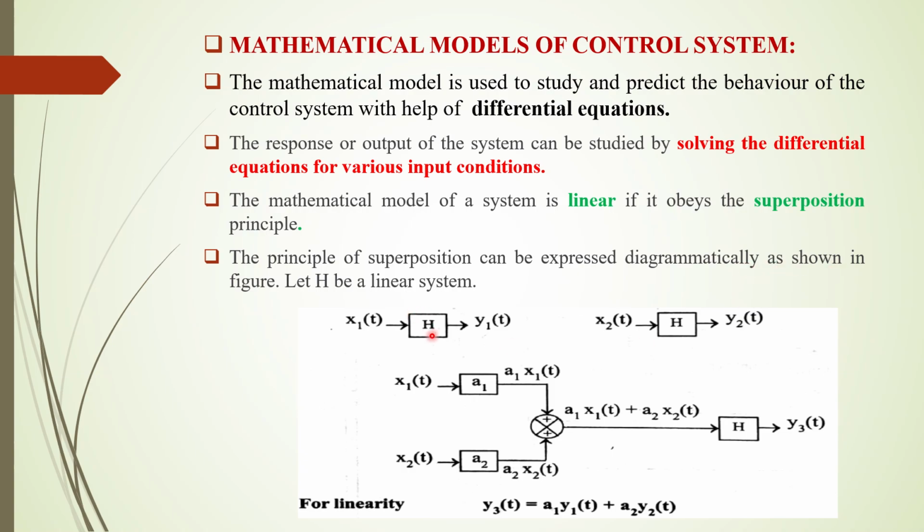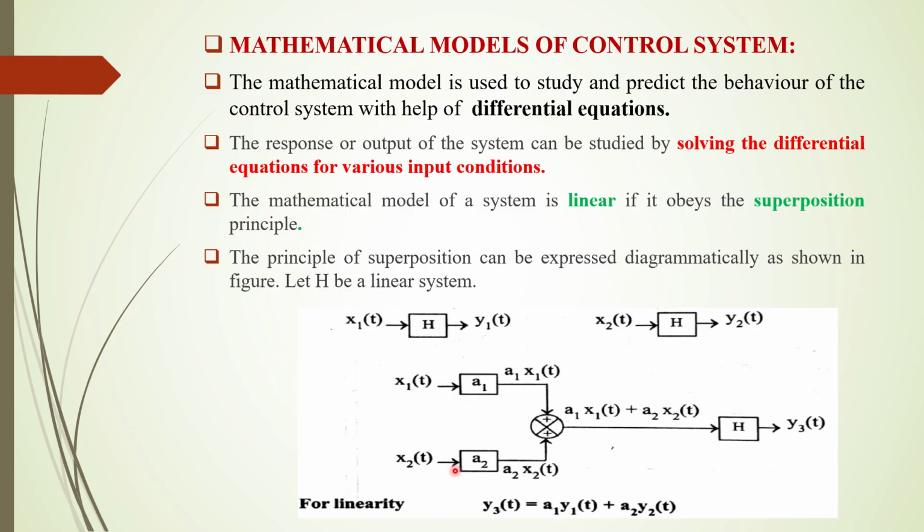Let H be a linear system. x1(t) is the input signal and the corresponding output is y1(t). There is another input signal called x2(t). The corresponding output for the second system is y2(t).